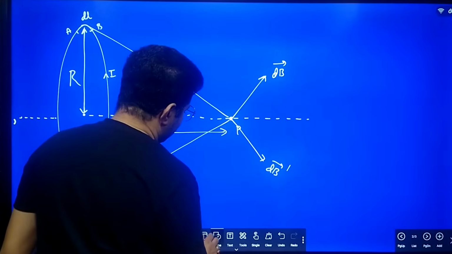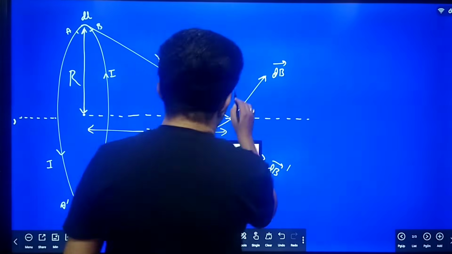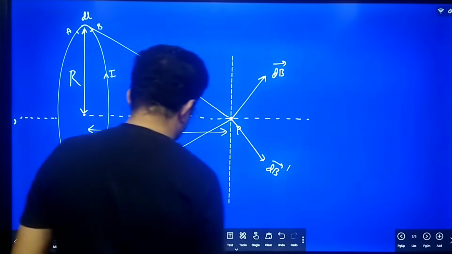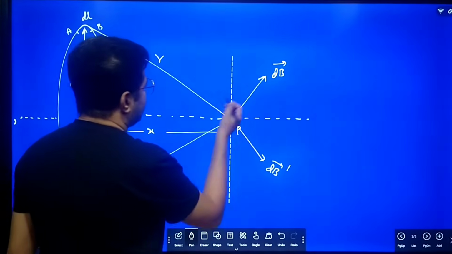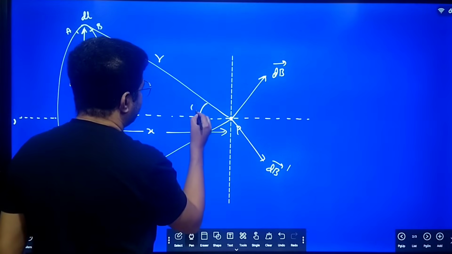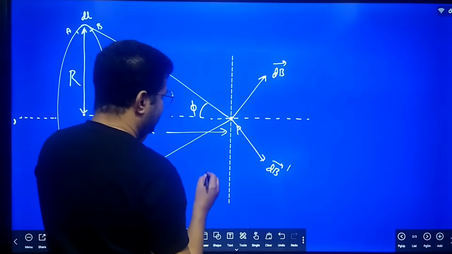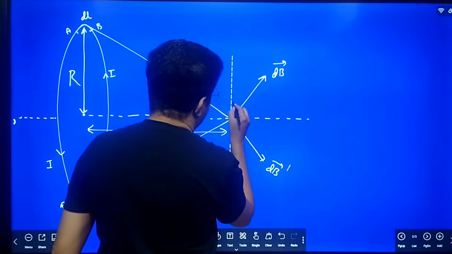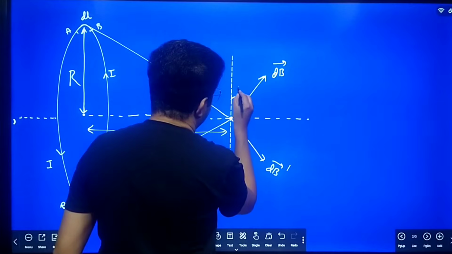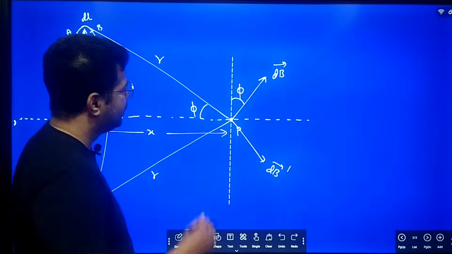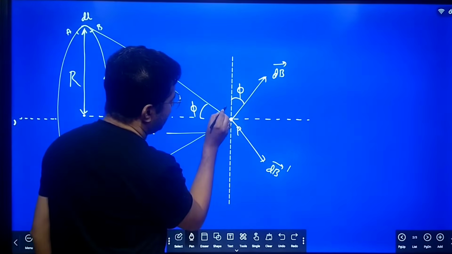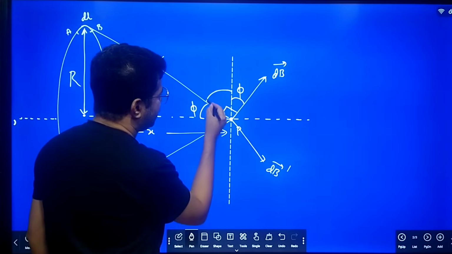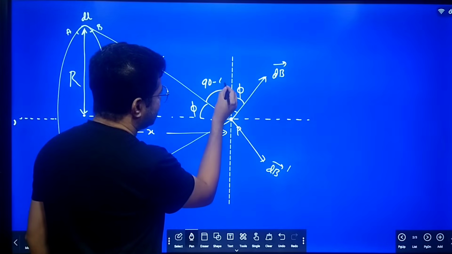Now we will resolve this magnetic field dB. Let this angle be phi. If this angle is phi, and the angle between r and dB should be 90 degrees, then this angle is 90 minus phi.